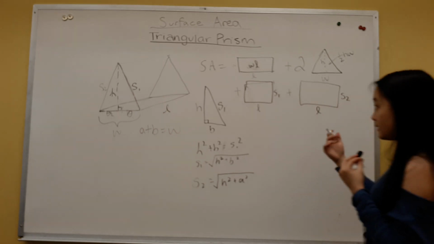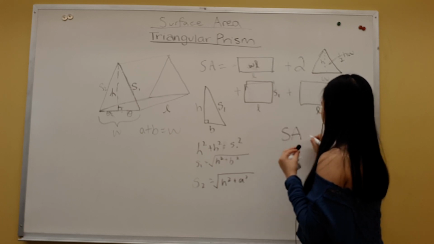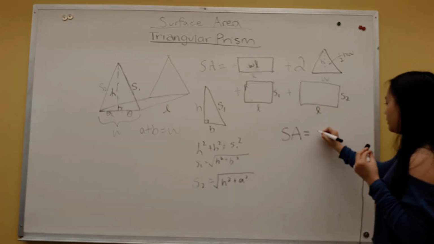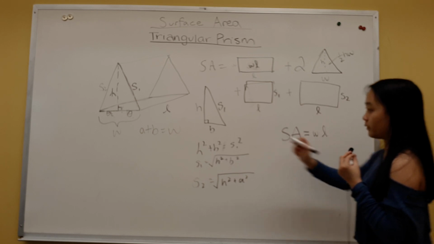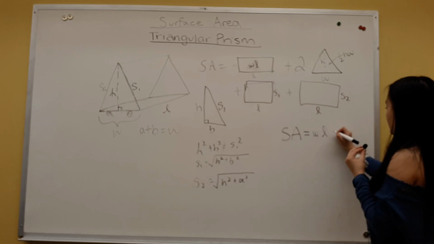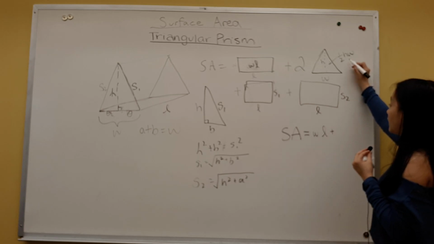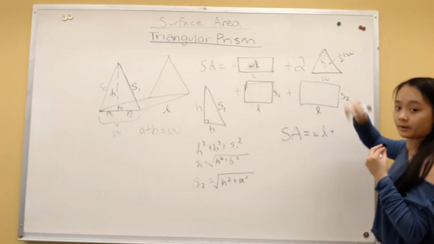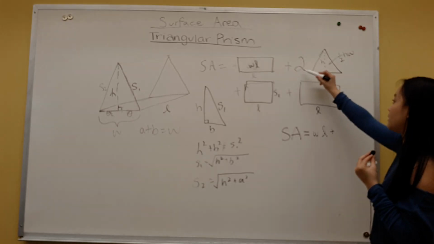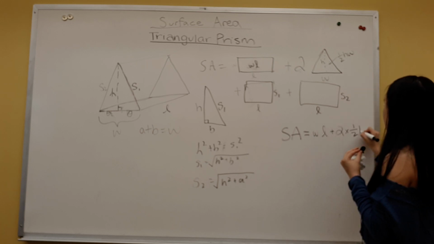So we're going to summarize the surface area right here. The surface area of this triangular prism is equal to WL for the bottom rectangular area, plus 2 times 1/2 of HW, which is the areas of the triangles. But since it's 2 times 1/2, we can cancel that out, but I'll write it anyways.